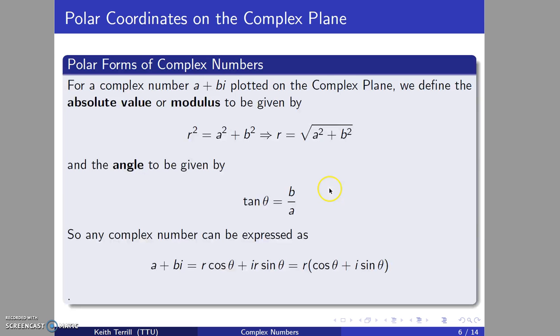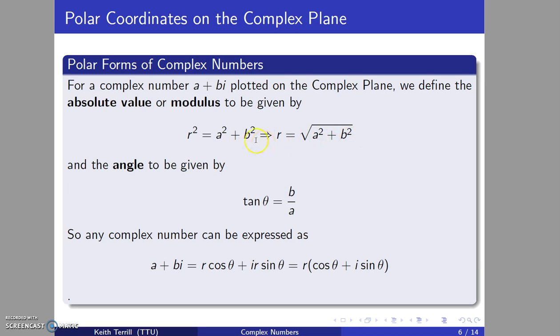So here we go, right? If you have a plus bi on the complex plane, the distance from the origin, the r value, the radius almost, right? Actually there is a thing for circles in a complex plane, but we'll get to that probably never. Anyway, the r value is as it was in the rectangular world: a squared plus b squared equals r squared.